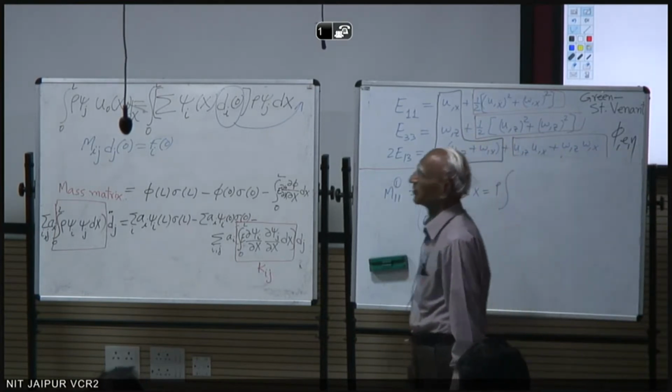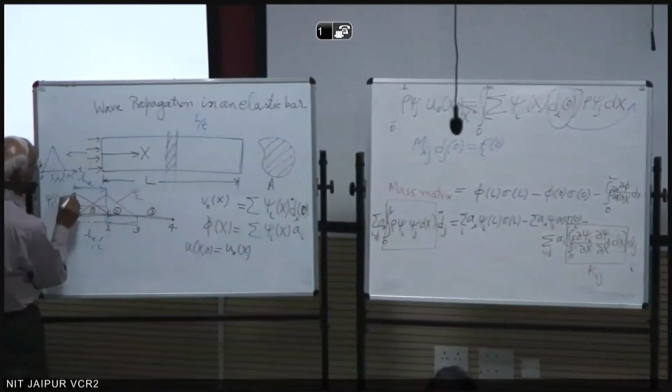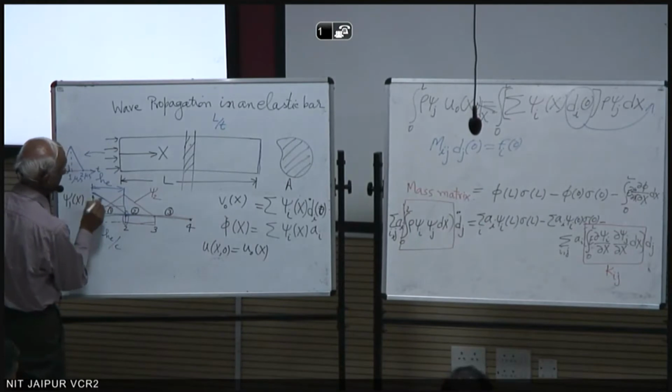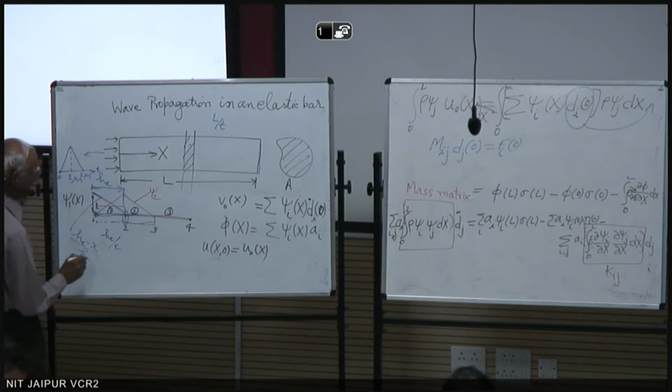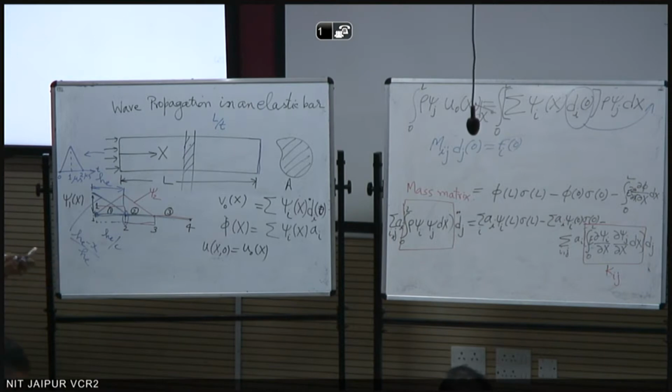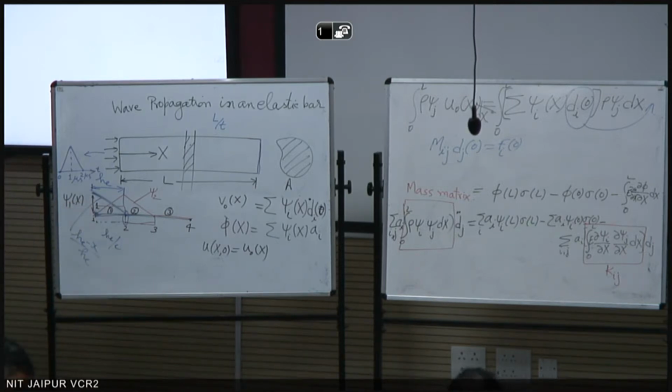What is the expression for psi 1? This is HE minus x over HE. When x equal to 0, this is 1, and when x equal to HE, this is 0. So that is the equation of psi 1.